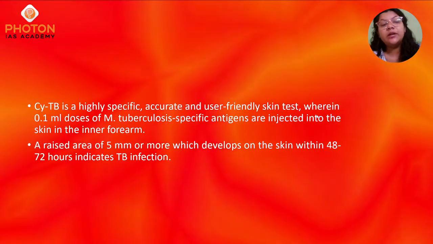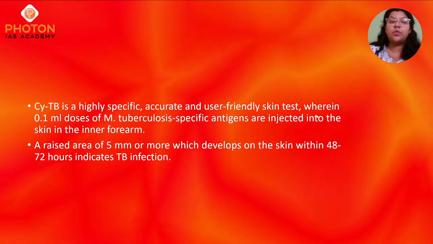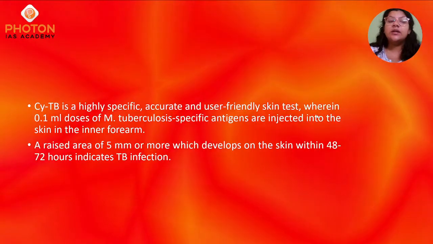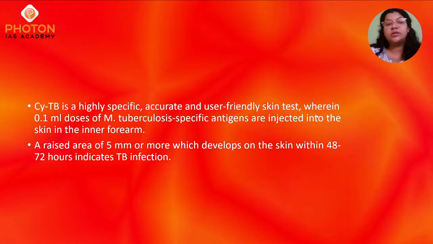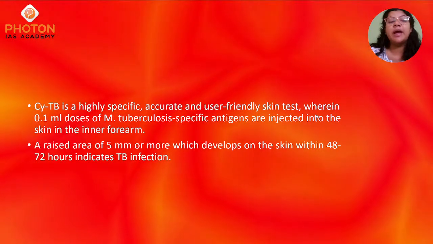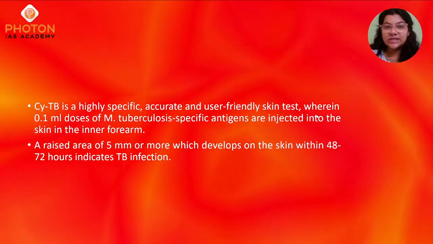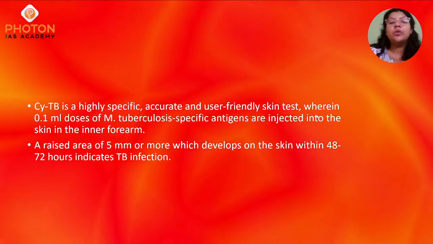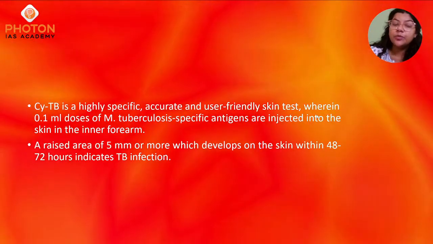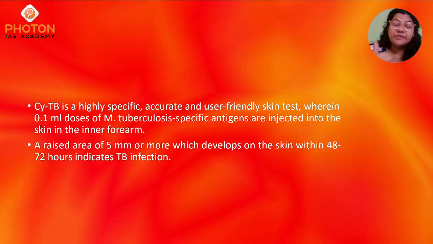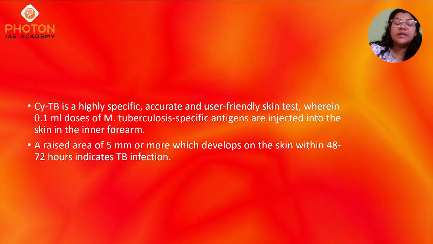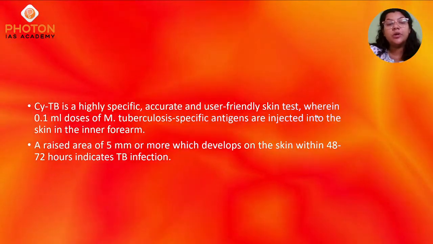So in this particular test, the CYTB test, what exactly is done is a 0.1 ml dose of specific Mycobacterium tuberculosis antigens. Antigens are certain proteins that are specific to Mycobacterium tuberculosis.